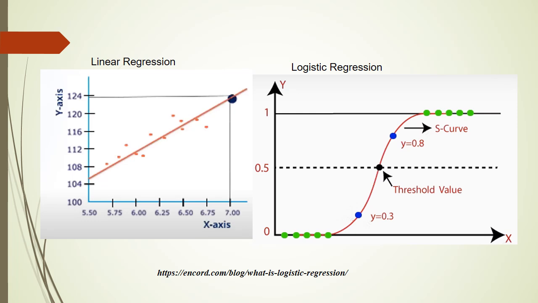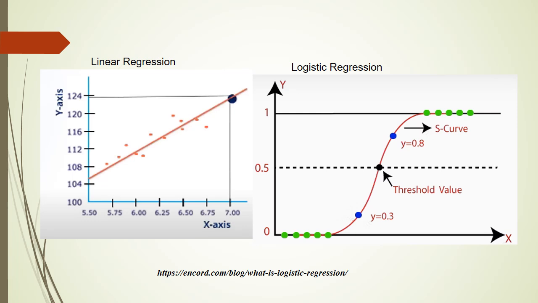But in the case of logistic regression, we see a sigmoid curve, and a fixed threshold is given here, that is 0.5. Below and above this we can find the probability of occurrence of the dependent variable.